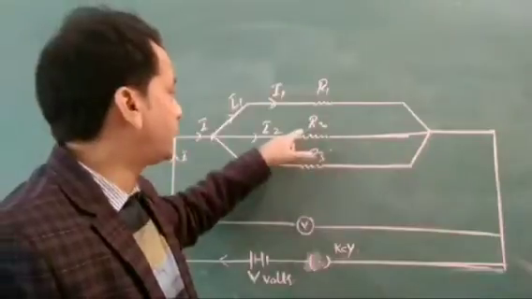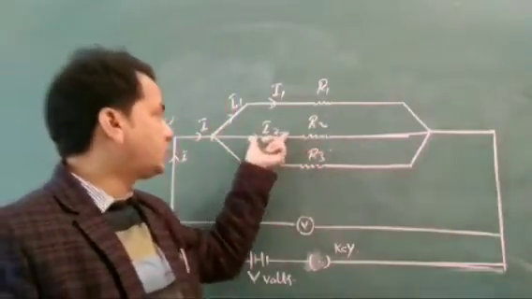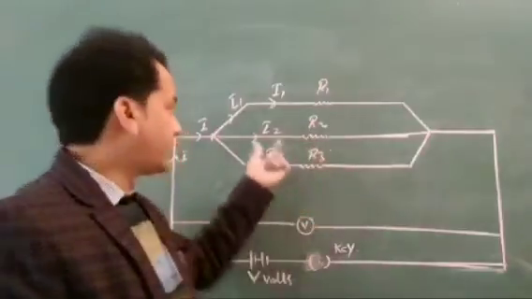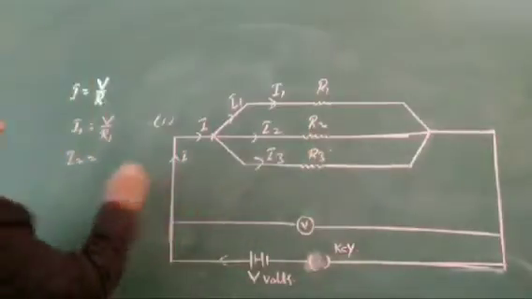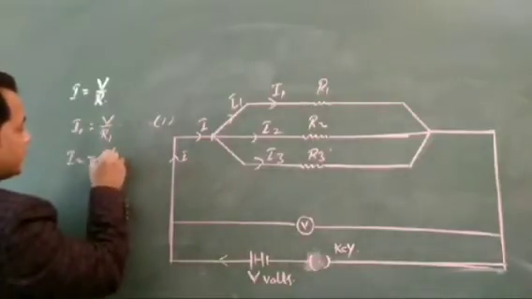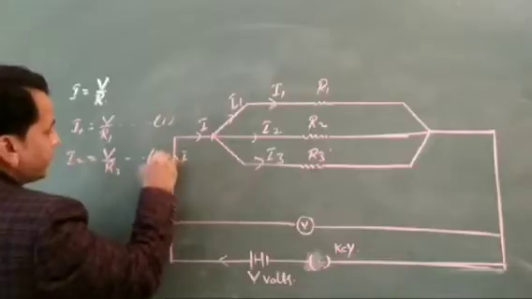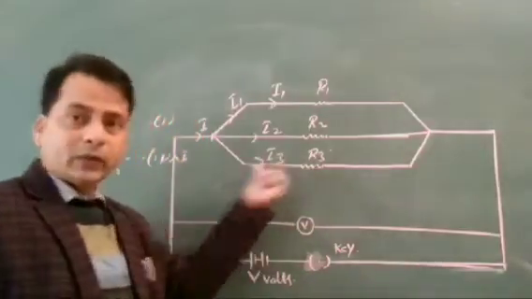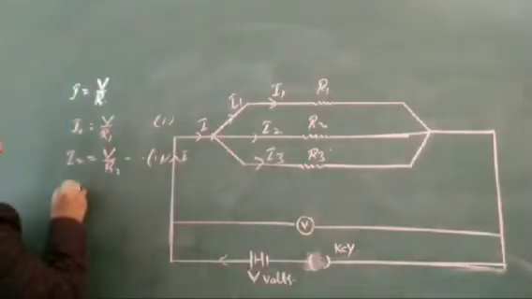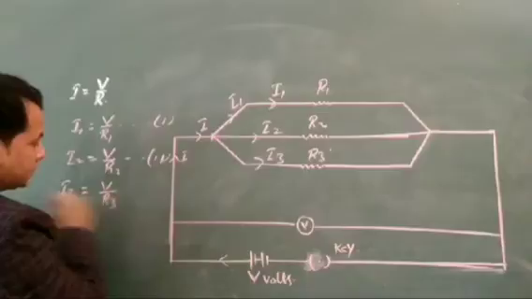So here for the R2 resistor, according to Ohm's law, the current flowing through R2, I2 equal to V by R2. That is the second equation. Now the current I3 equal to V by R3.